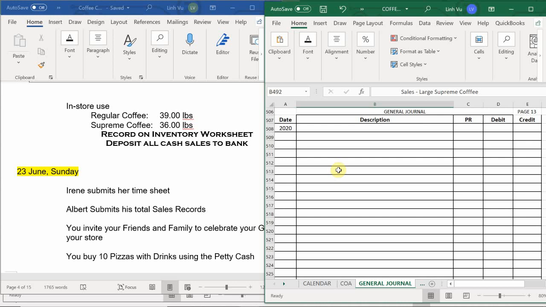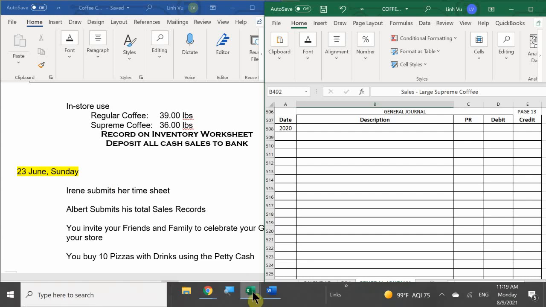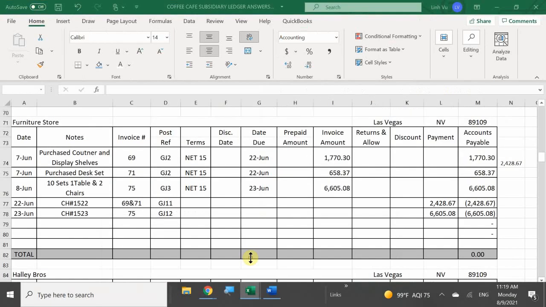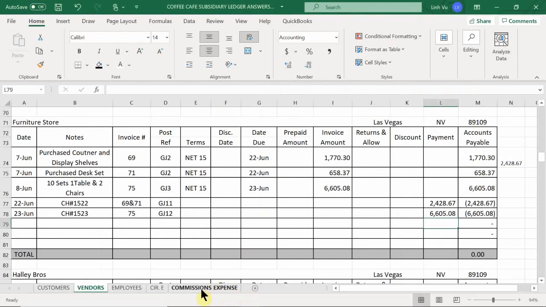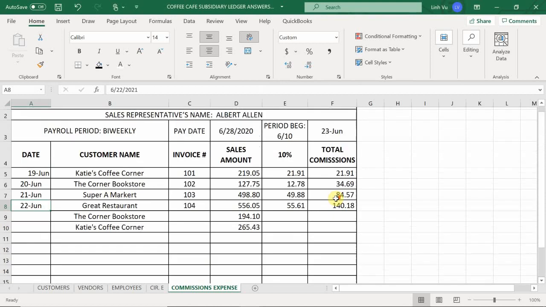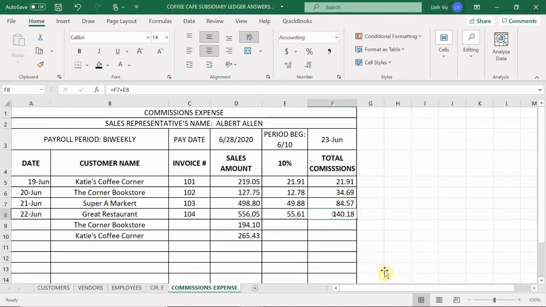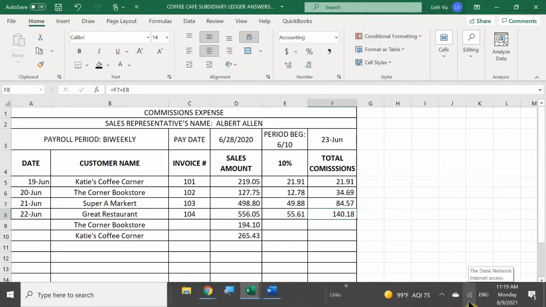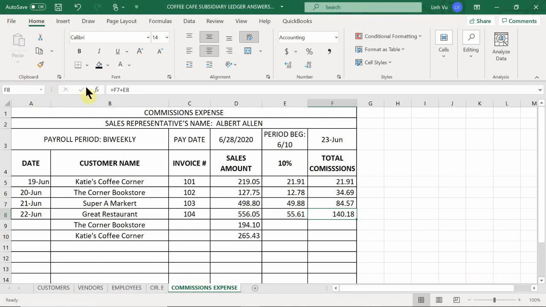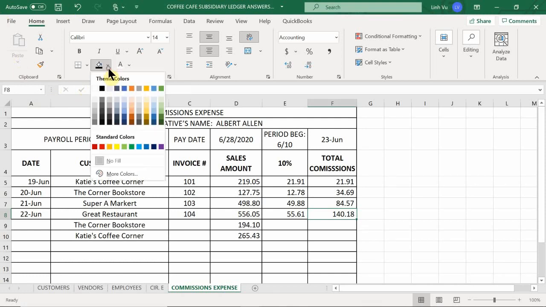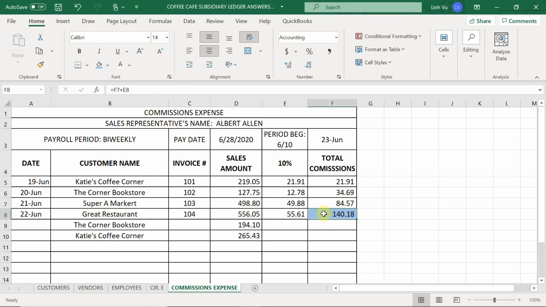Then here we have Albert submitting his sales records. So let's take a look at his records real quick. Okay. So it says here that we owe him $140.18. What I'm going to do here is I'm going to highlight that just so then I know this is exactly how much I owe him.